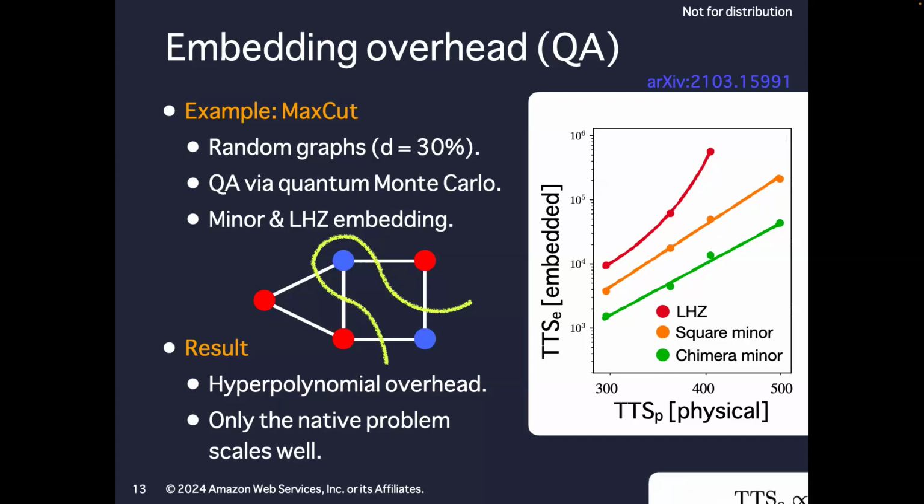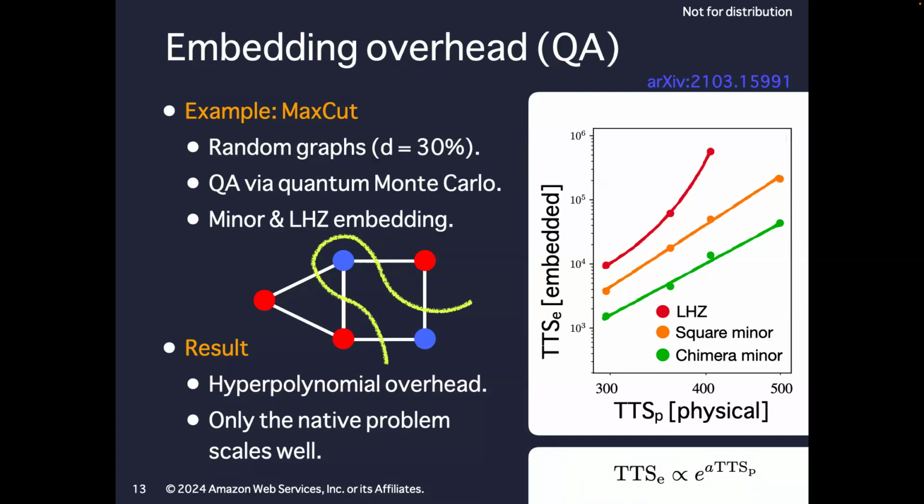And what you can see right away is that for this particular problem, the time to solution of the embedded problem scales exponentially with the time to solution of the physical problem. And that's a big problem, because what this means is that by embedding a particular problem into a particular topology, you're incurring a massive overhead.